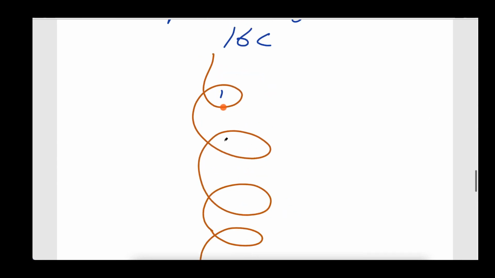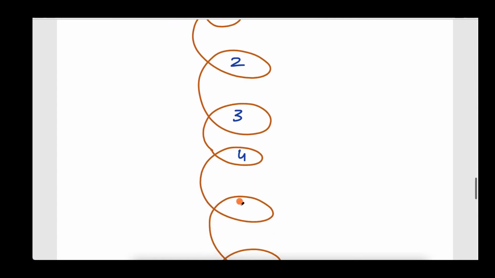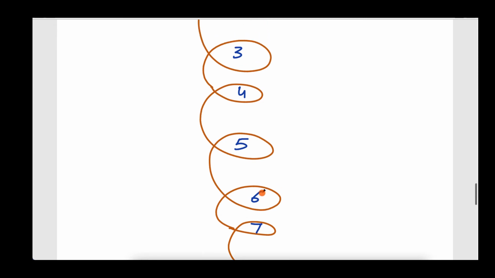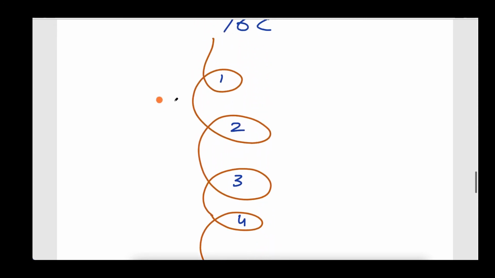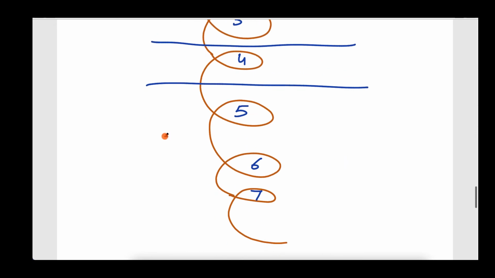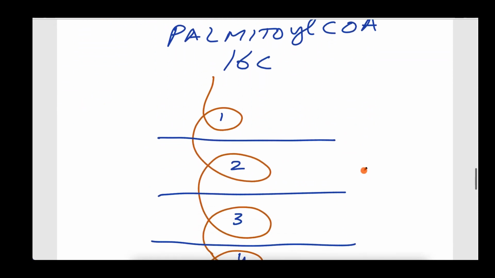This is the first, second, third, fourth, fifth, sixth, and seventh. Here, in each cycle, what we need: FADH2, NADH.